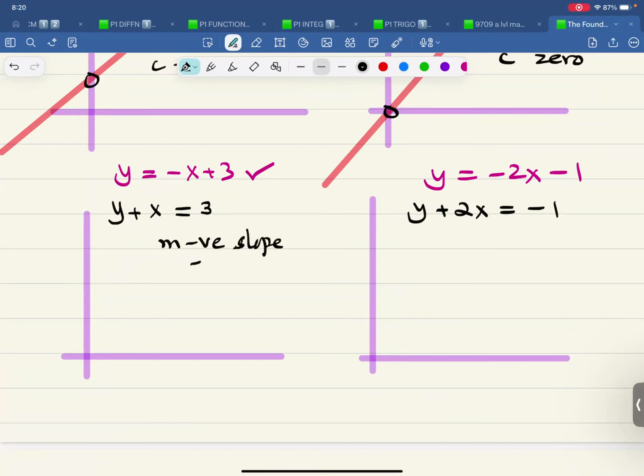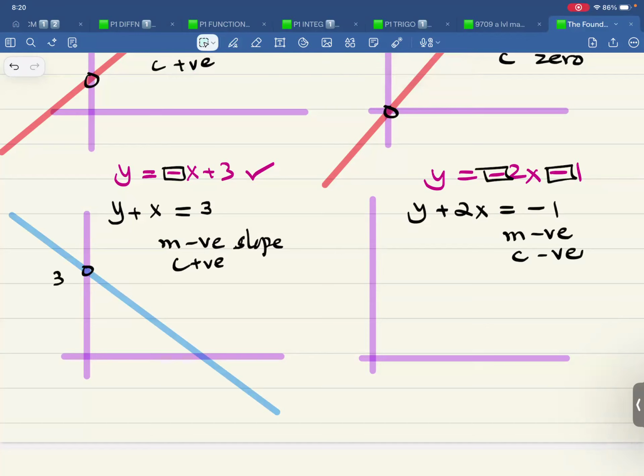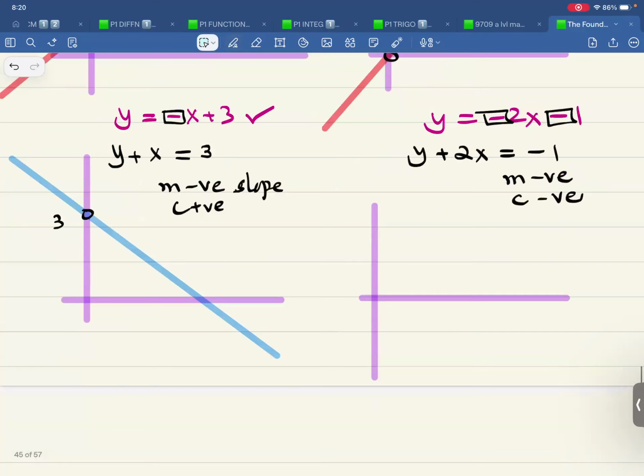positive y-intercept. That's the negative slope. So let me choose the blue color line that goes like this. This is positive slope, which is 3, negative y-intercept. This is negative slope, negative y-intercept. Negative slope, negative y-intercept. So what I do is that, let me grab this thing and let me push it like this. And let me choose the blue line from here.